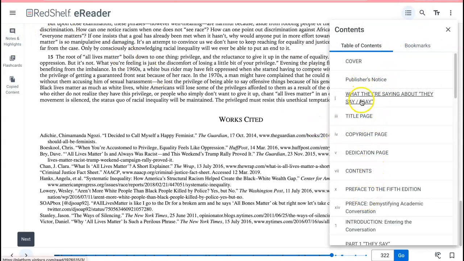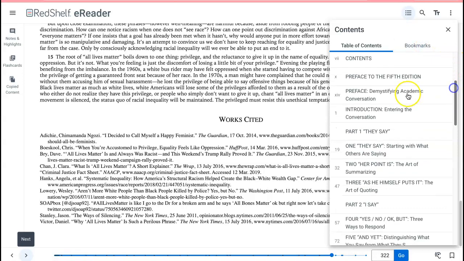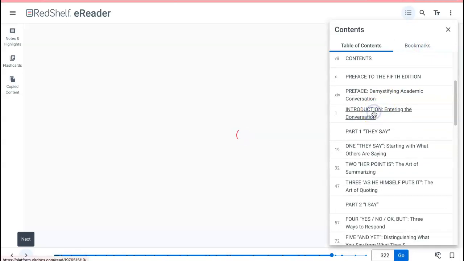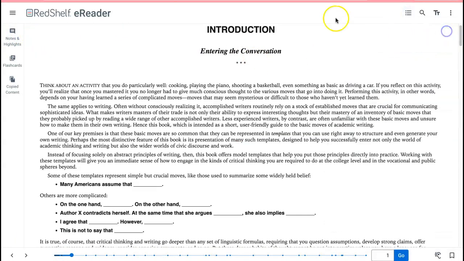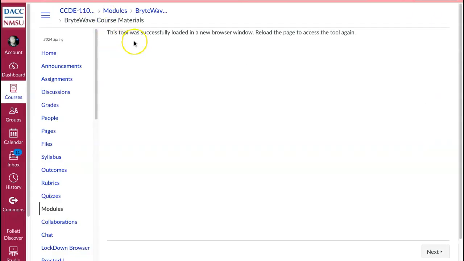So here we have the title page, all of that stuff. You want to go to the introduction, you can click here, and you can also take notes and things like that. So it's the textbook, except that it is an ebook. If you prefer to buy the textbook, I believe that you can, but if you buy it through the bookstore, if you buy the ebook, it's going to be under the Brightwave / Red Shelf.